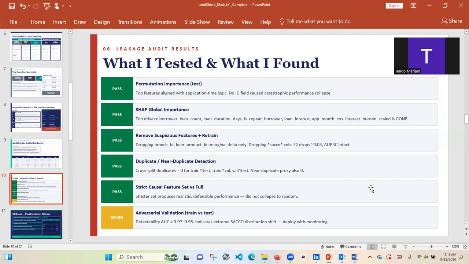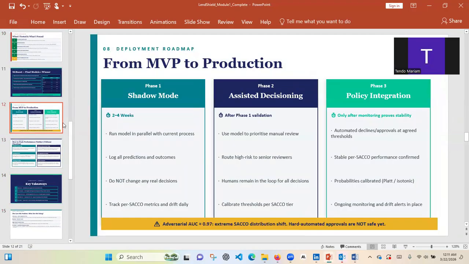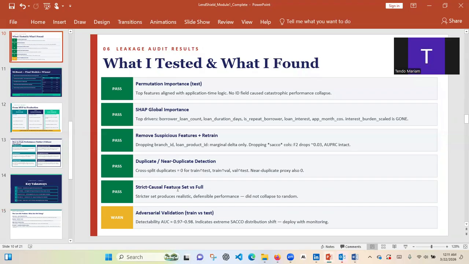Then I also had some duplicates that you just have to eliminate. And then I looked at the strict causal feature set versus the full one, and the stricter set produces realistic, defensible performance and did not collapse to random.